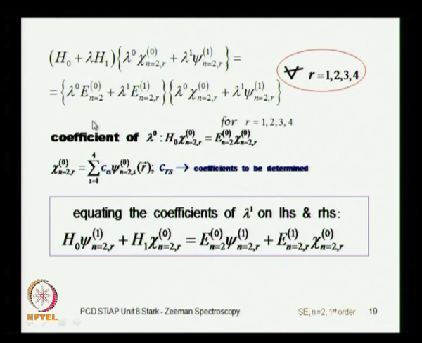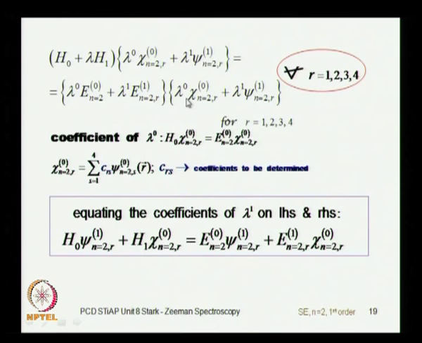On the right hand side, you have E0 psi 1, and then the term E1 chi 0. The other term will give you the second power of lambda, that is a quadratic term, but in first order perturbation theory you will throw it away.